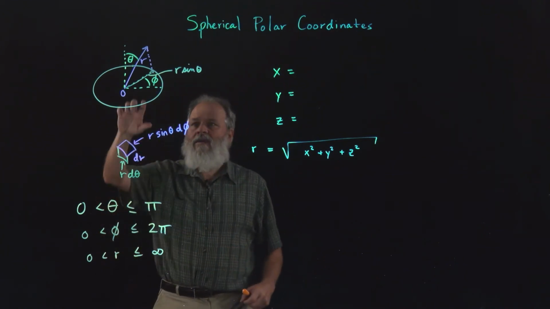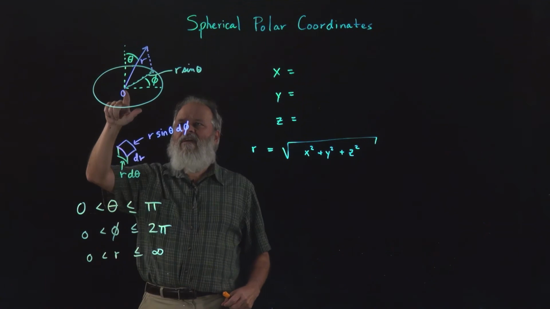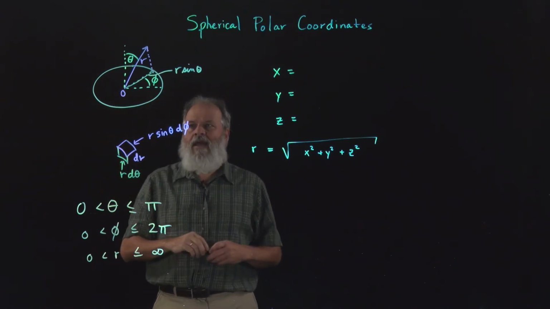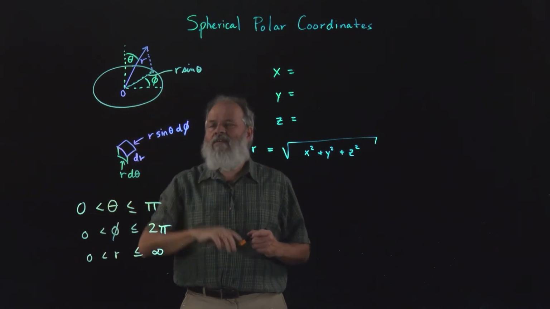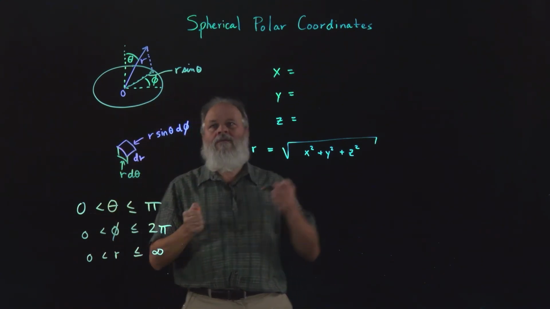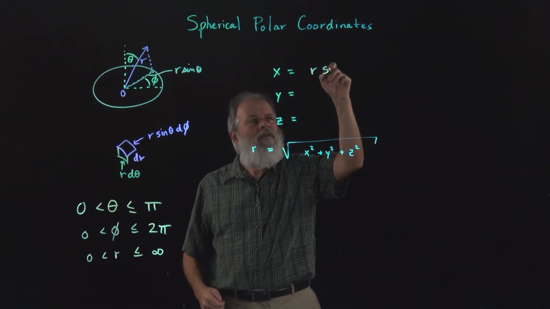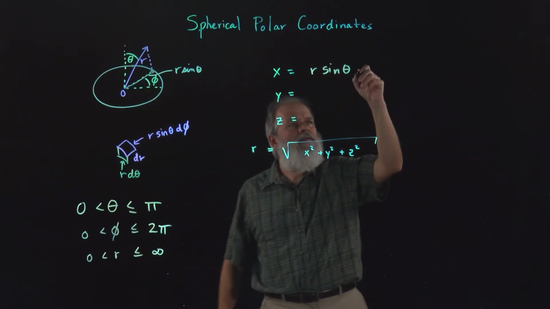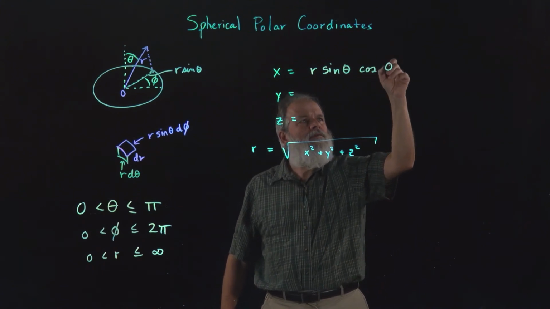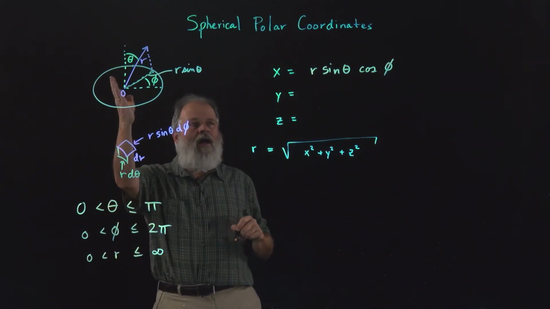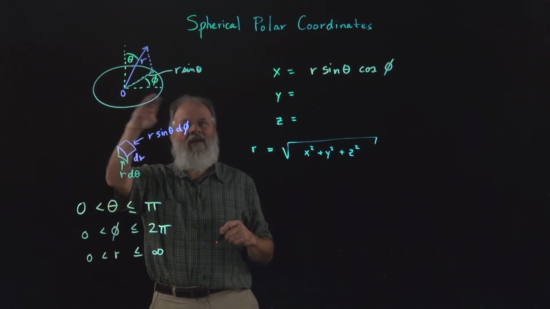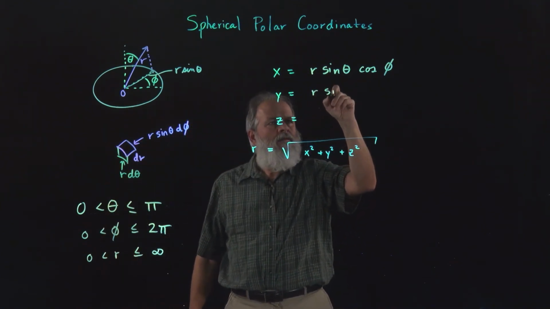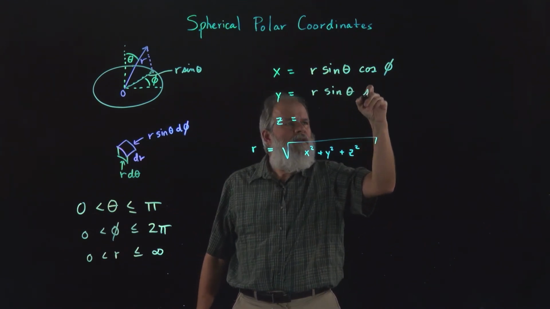Okay? And so in the xy plane, we're going to use a vector of length r sine theta, and then we're going to use the sine and the cosine of that. So x is going to be the length of this vector times the cosine of the phi angle. So x is r sine theta times the cosine of phi. Now the y is going to be the length of this vector, r sine theta, times the sine of phi.